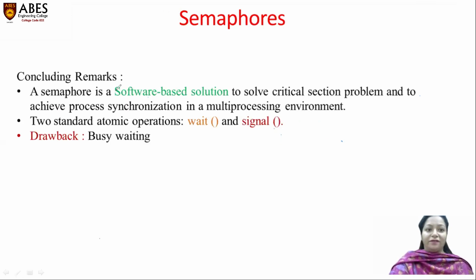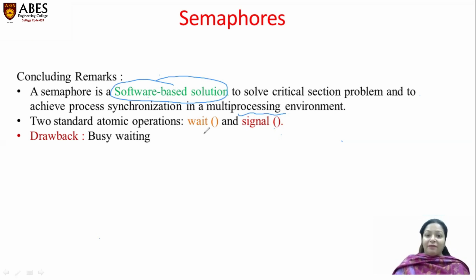So the conclusion of this lecture is that we have studied semaphores, which are a software-based solution to the critical section problem, and they help us to achieve process synchronization in a multiprocessing environment. And semaphores can be operated through two atomic operations, that is wait and signal.